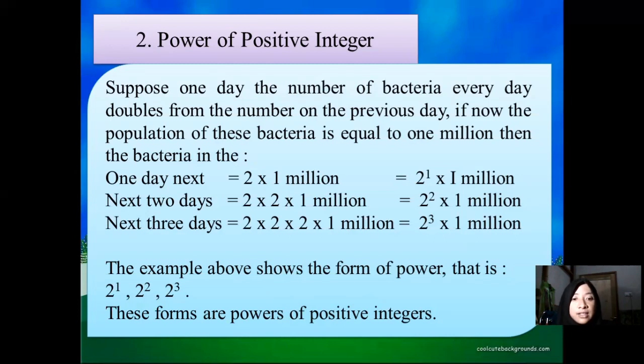The next day equals 2 times 2 times 1 million equals 2 to the power of 2 times 1 million, etc. The example above shows the form of power: 2 to the power of 1, 2 to the power of 2, and 2 to the power of 3. This form is a power of a positive integer.